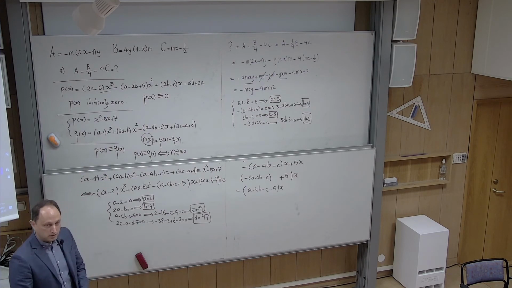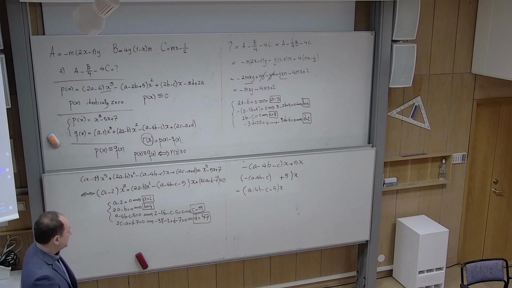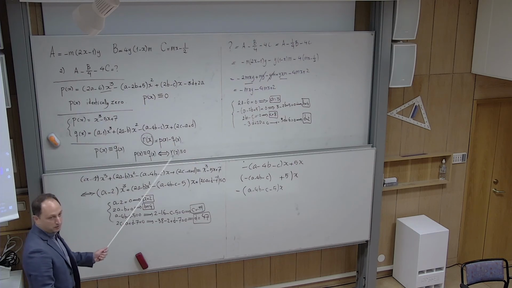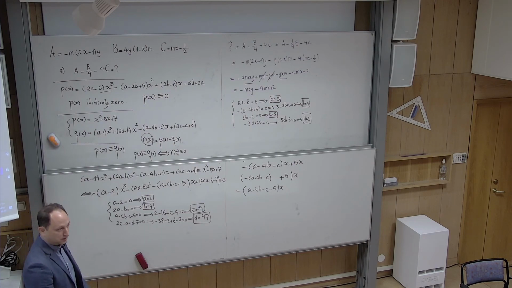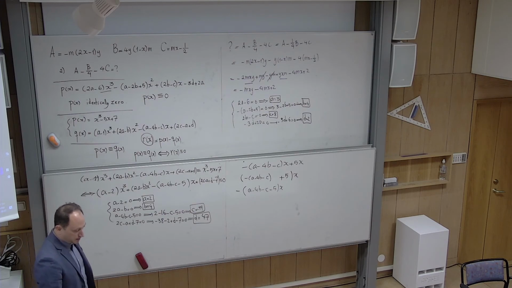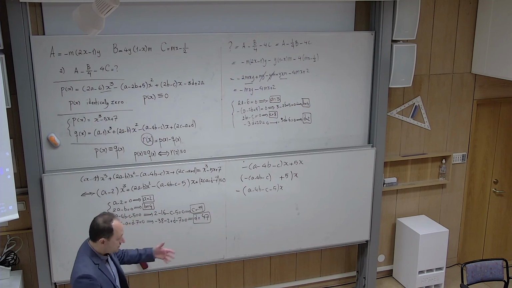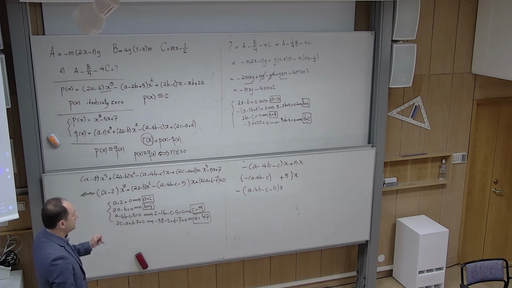Yes? I got a different answer. Okay, hopefully I haven't made any mistakes. First of all, please check that what I have written here is exactly what I wrote on the board yesterday. Because maybe when I was writing, I changed it a little bit or accidentally wrote something wrong.